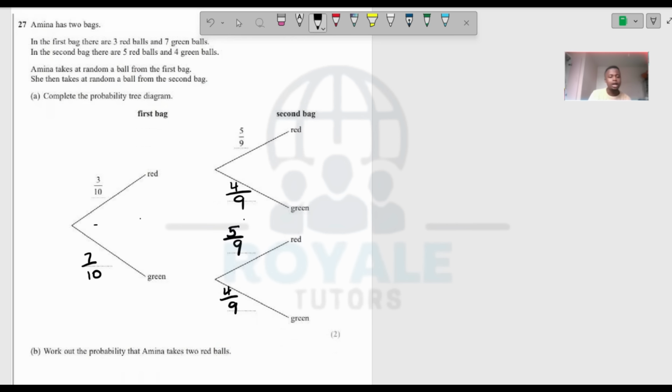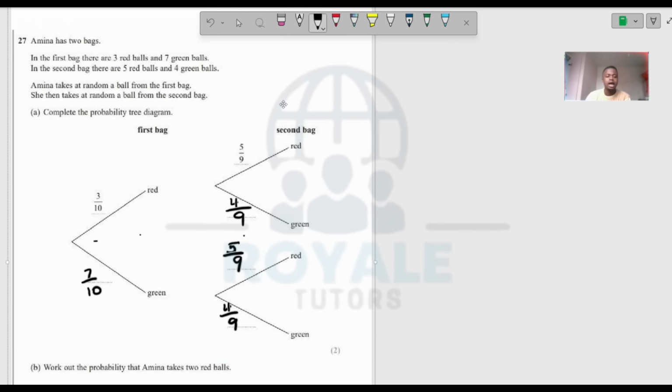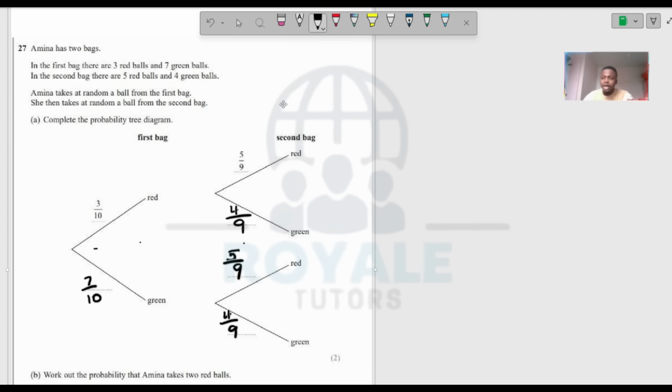That's it. Work out the probability that Amina takes 2 red balls. So in this case, we're not given the general base. So you take the general base as just general, right? Since we have 2 different things here, they might not give it to us. It says work out the probability that Amina takes 2 red balls.